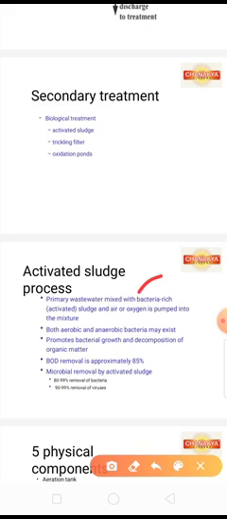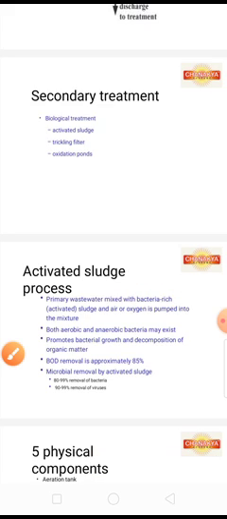Because we are adding bacteria, and that bacteria will utilize the organic matter inside the wastewater treatment plant. So inside that sludge, the organic matter will be broken down by bacteria. It promotes bacterial growth and decomposition of organic matter.